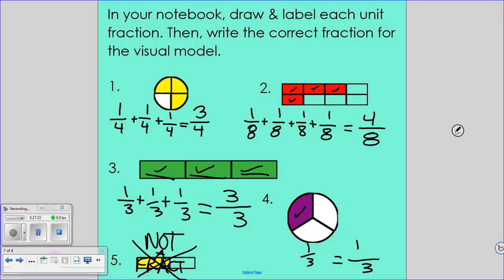Fractions are all about being fair. Fractions are all about equal sized pieces. Number 5 is not a visual model of a fraction. That's why number 5 is tricky. I'm glad some of you caught that. Number 5 is not a fraction. The pieces are not equal.